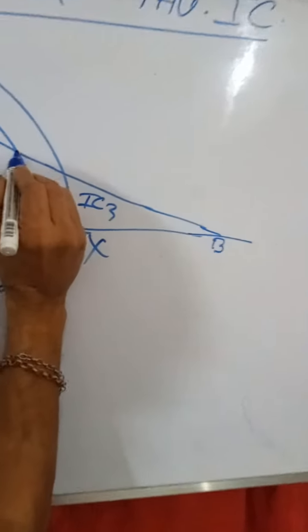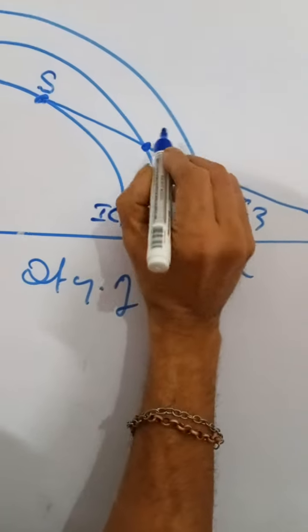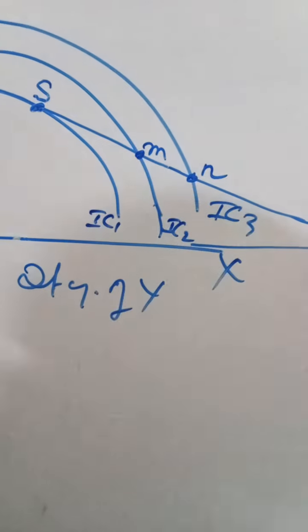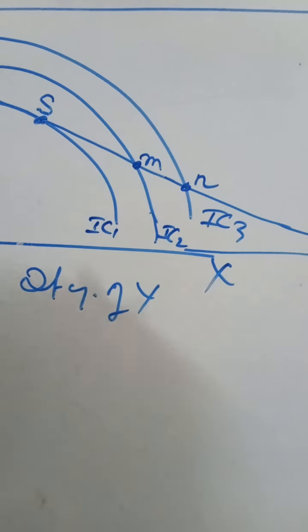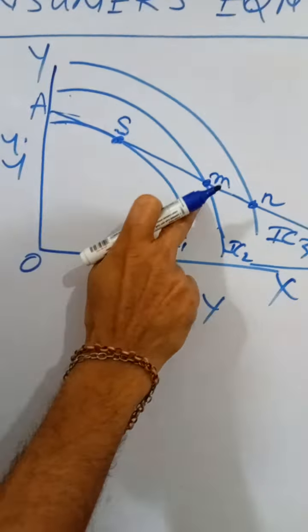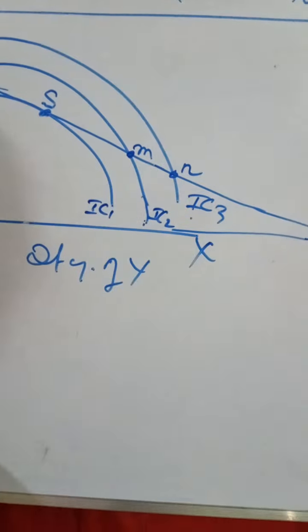Consider these 2 points, say M and N. You see, S, M and N all lie on the same budget line AB. But M and N lie on successively higher indifference curves. That means M lies on IC2, which is higher than IC1. N lies on IC3, which is higher than IC2.